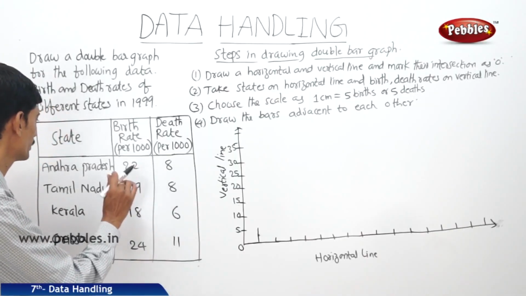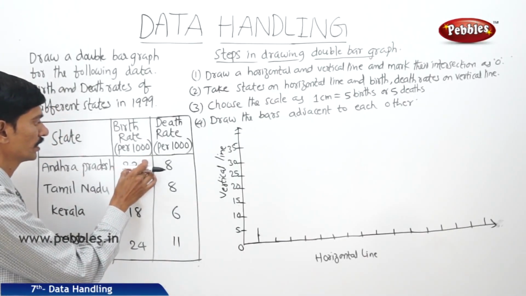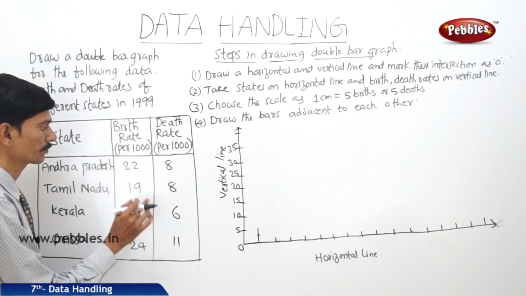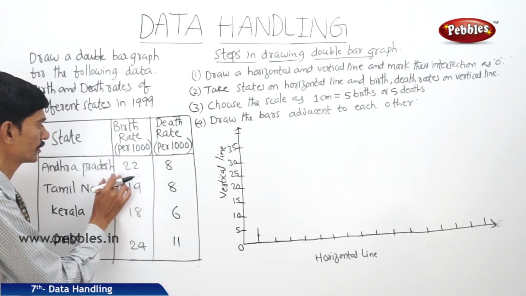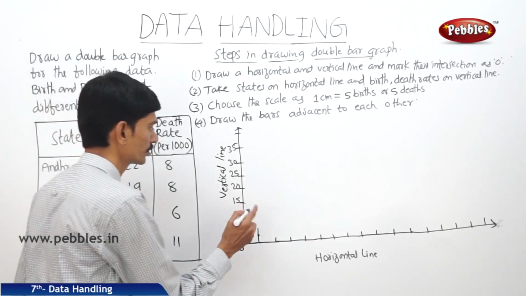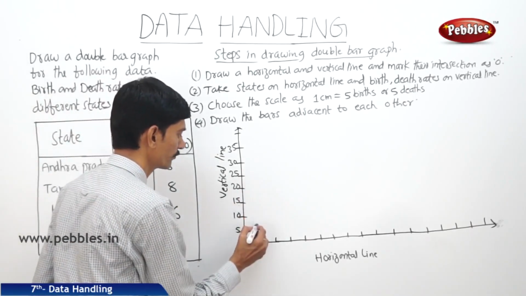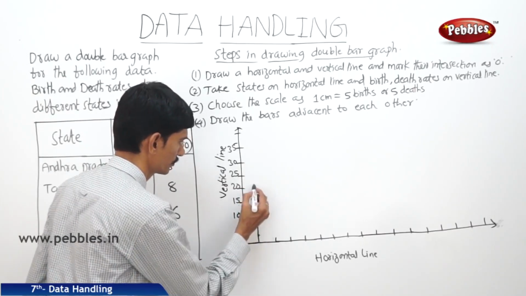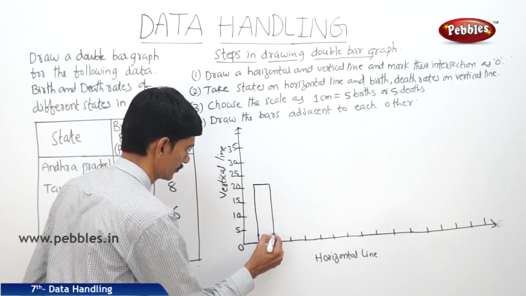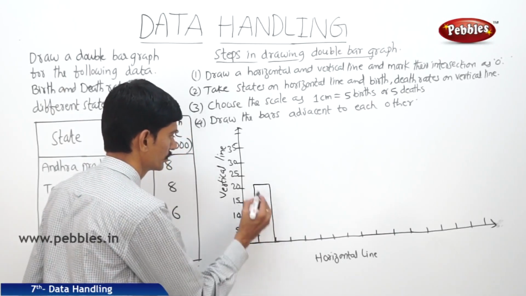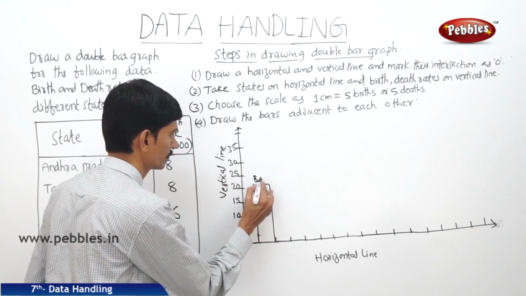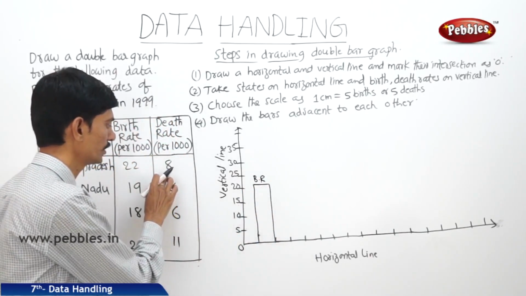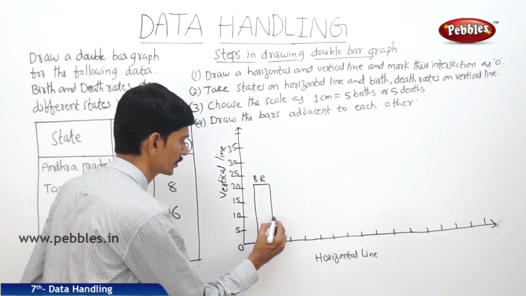We have to represent the length of the bar representing the birth rate and death rate of the state Andhra Pradesh. The birth rate of Andhra Pradesh is 22, so we take between 20 and 25. So this is the birth rate, and the death rate is 8, so it is below 10.